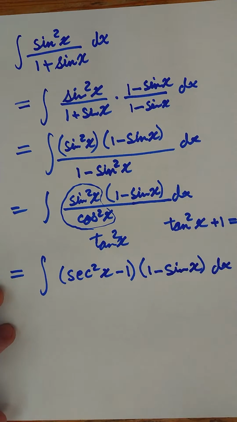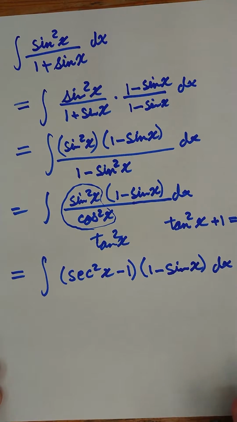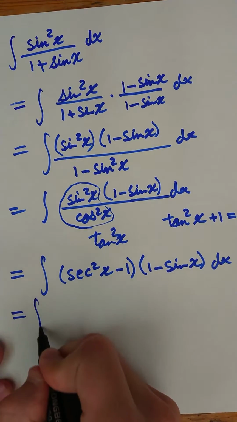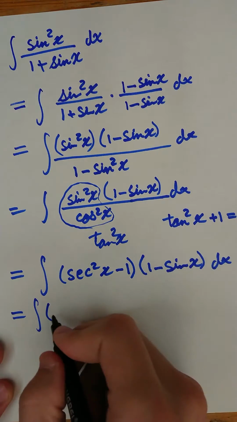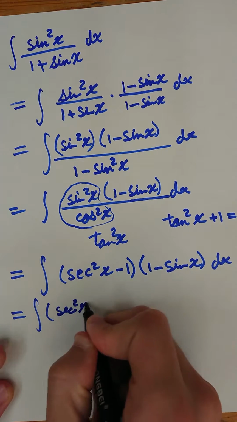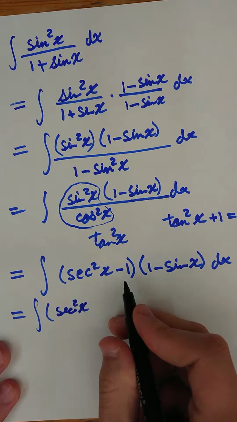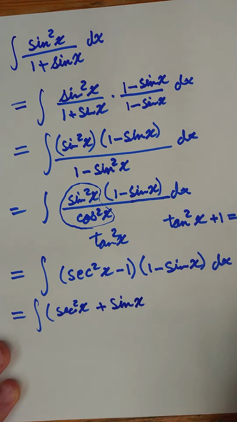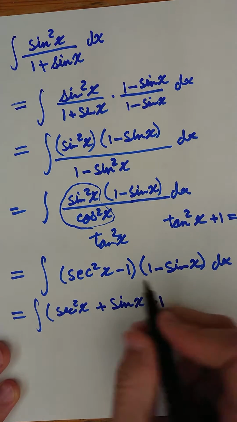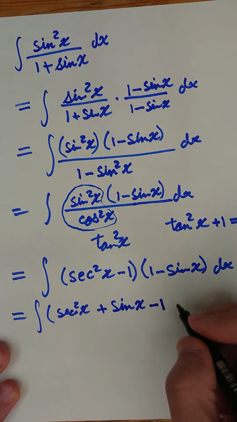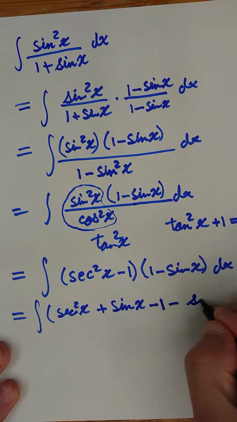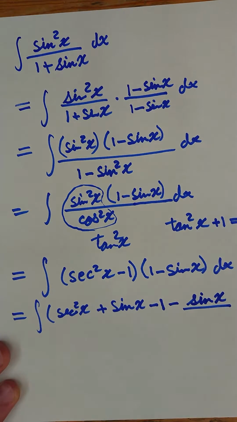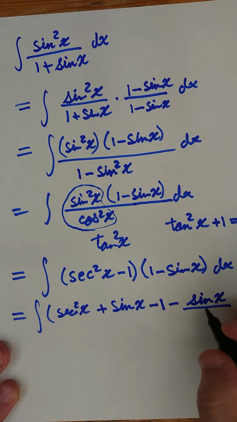I hope it's obvious. So we will distribute these brackets. So we will get sec square x and a plus sine x and a minus 1 and a negative sine x over, I will remove the sec square and replace it by 1 over cosine square.